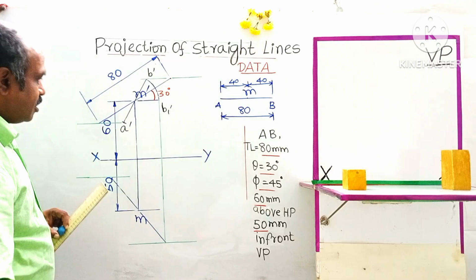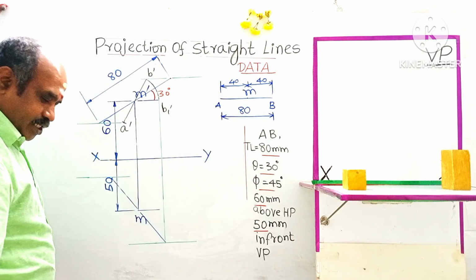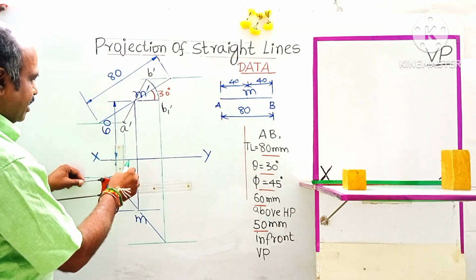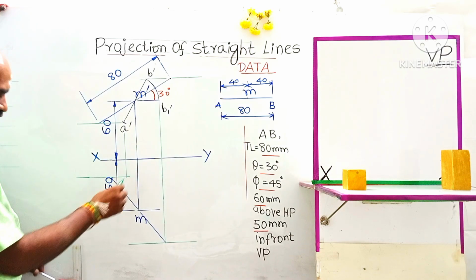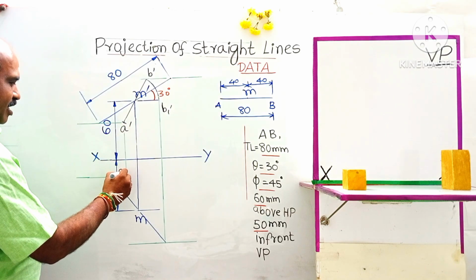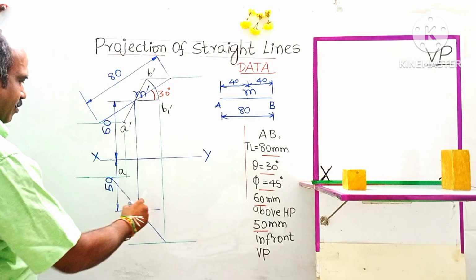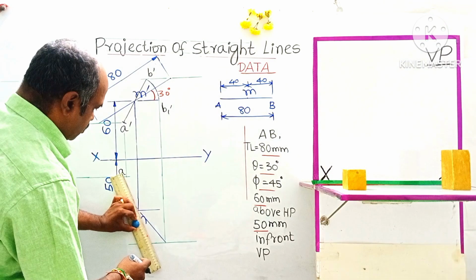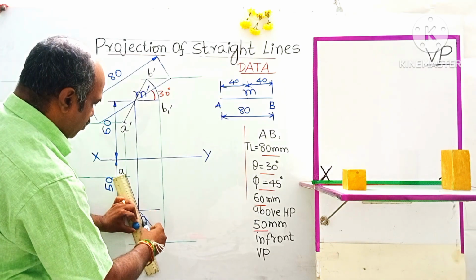Okay. Next, to complete the top view, designated as small ab, draw a vertical projector from A dash. Where it intersects with the locus line passing through, this point shall be marked as A. Join A and M and extend the line below also.